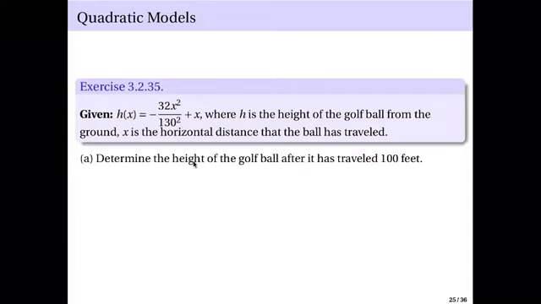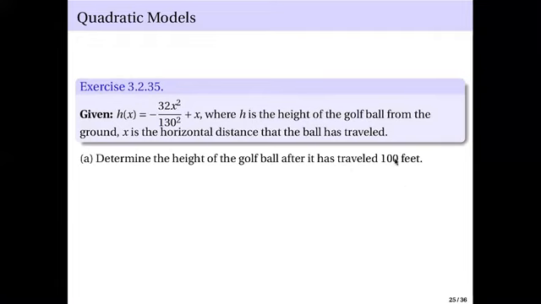We want to determine the height of the golf ball after it has traveled 100 feet. So we want to determine h after the golf ball has traveled 100 feet. And we say it's the horizontal distance from the initial point of the golf ball.